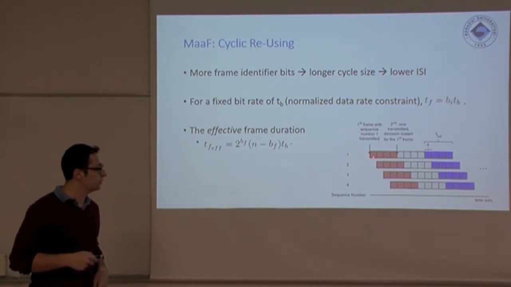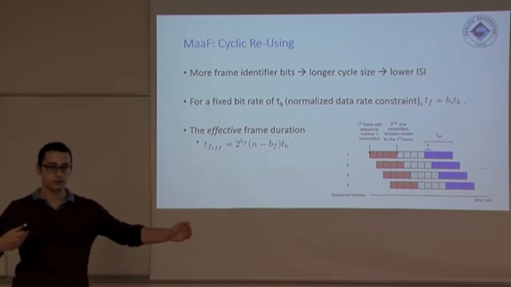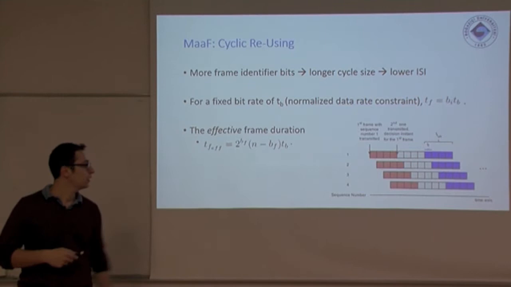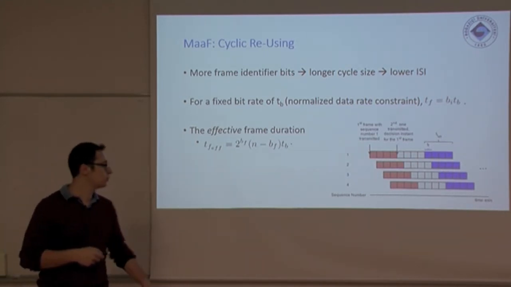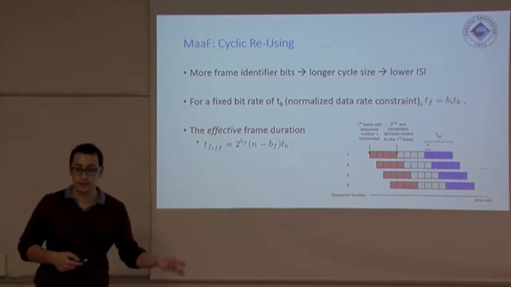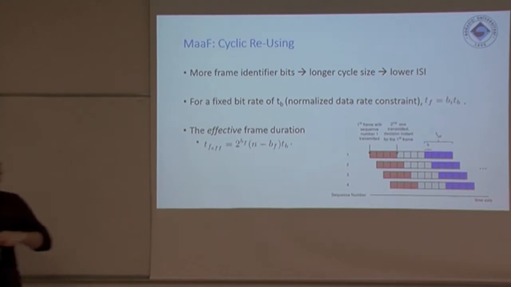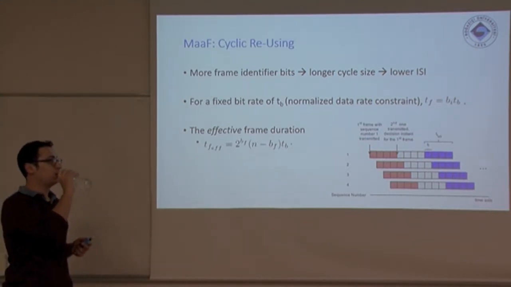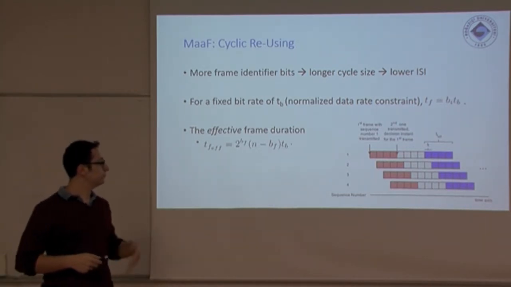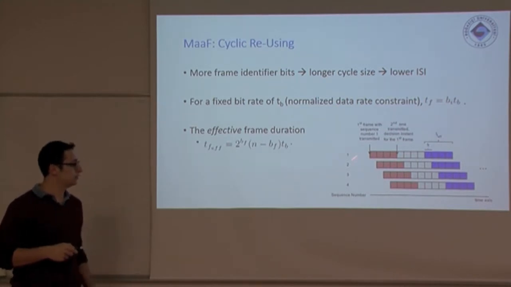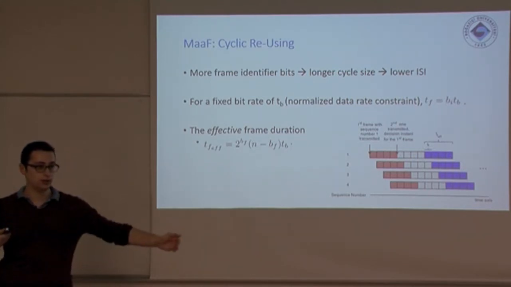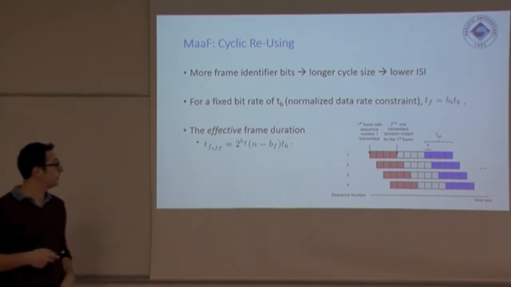So in this case, we're using 4 times TF, since we have 4 sequence numbers. We have two frame identifier bits, so we have a cycle size of 4, and we can utilize the cycle size of 4 by the method I told you before, by increasing the effective frame duration and combating ISI.